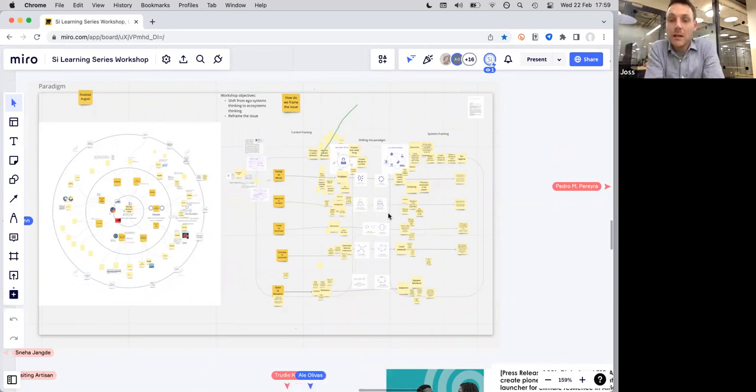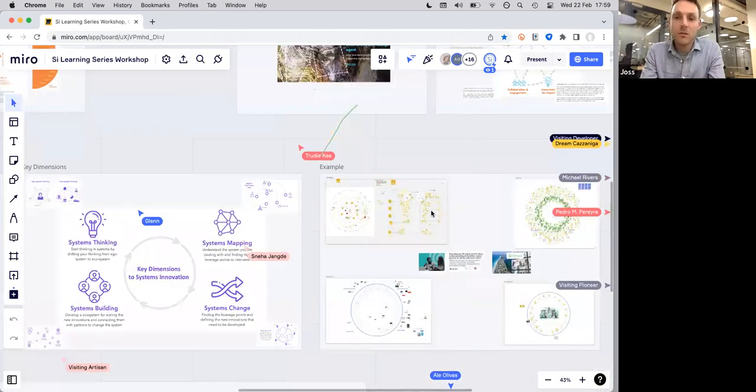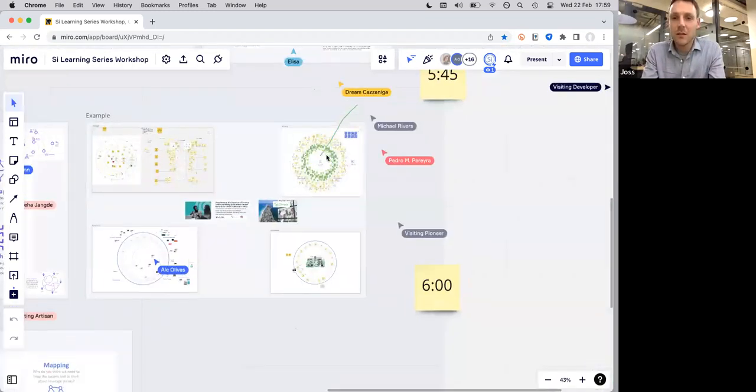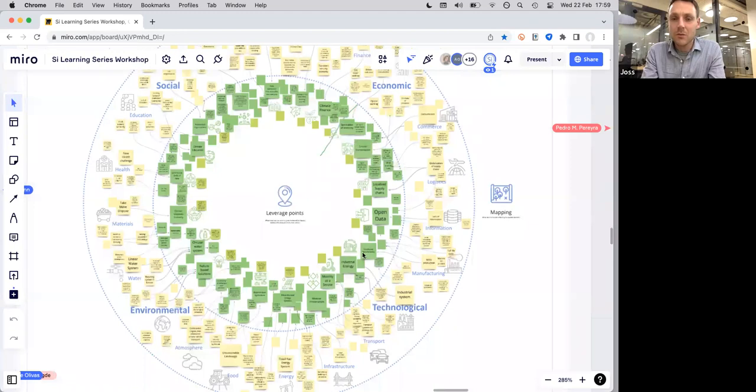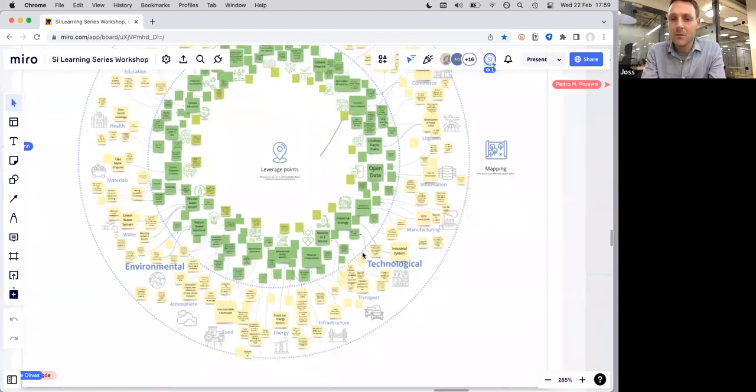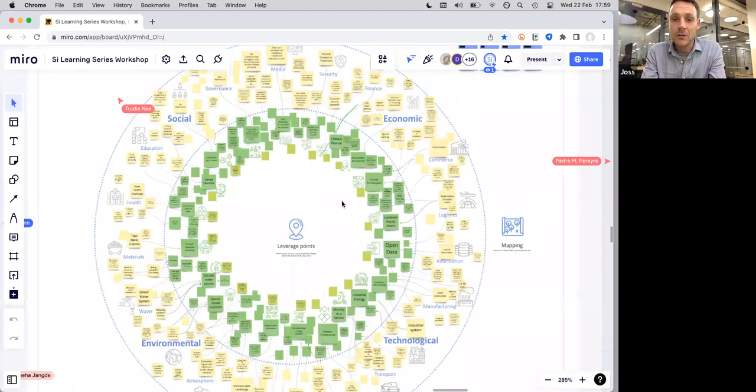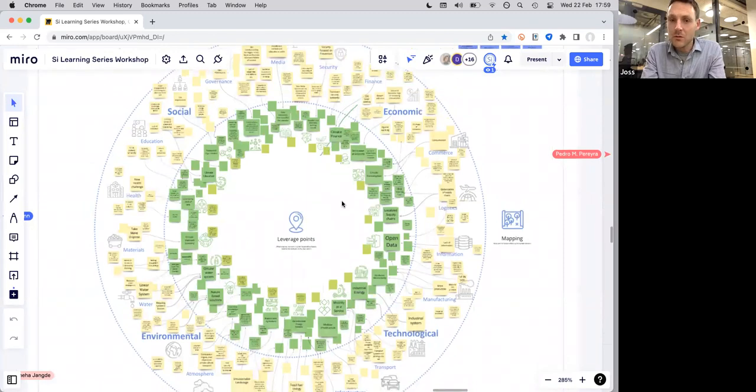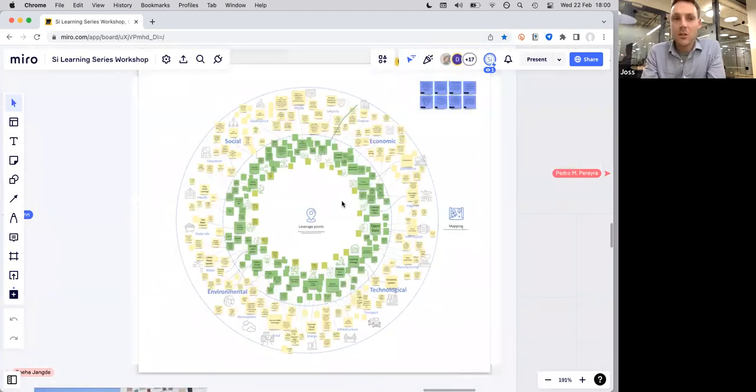Okay. Yes, so we use a few different ones. Well, we use two mainly. One is this here, Miro, the board we're on at the moment. This is a very manual way of doing it. I use it a lot because I like it. We also use Kumu, which is another tool. I could quickly show you what that looks like.